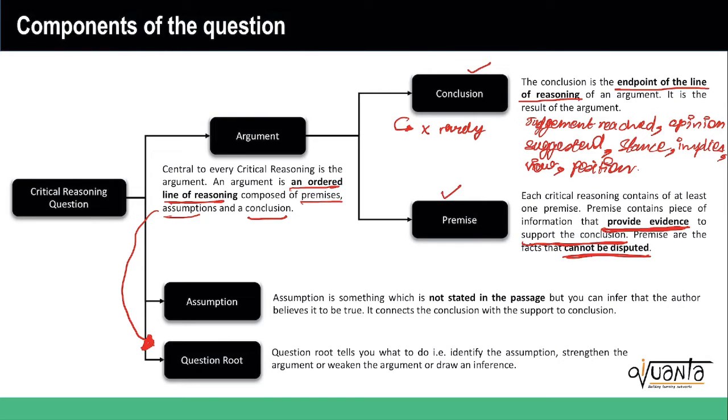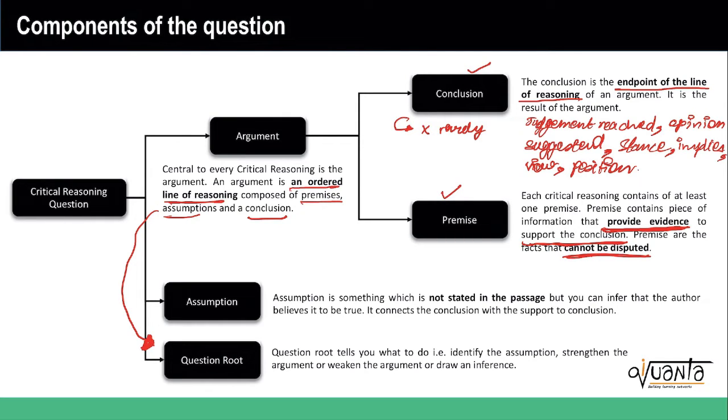So if the author is saying that and concluding on the basis of the fact that people in that century believed something which is factually incorrect, though it is put in the premise, for the purpose of that question, you will believe that the fact is unchallengeable, right? So that is the second thing about the premise.